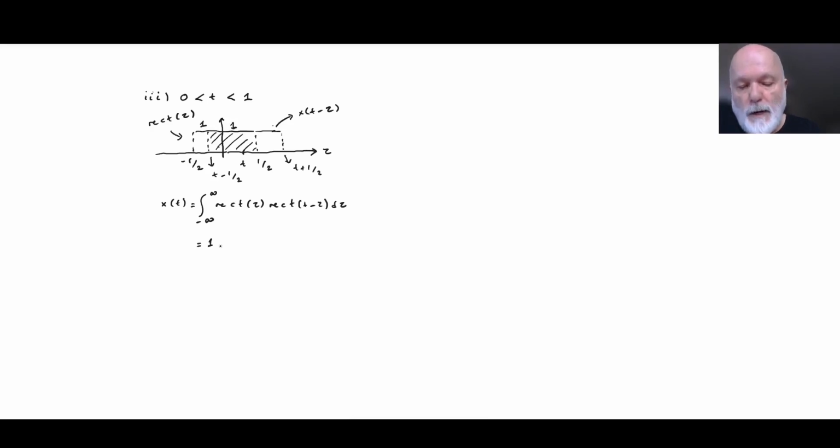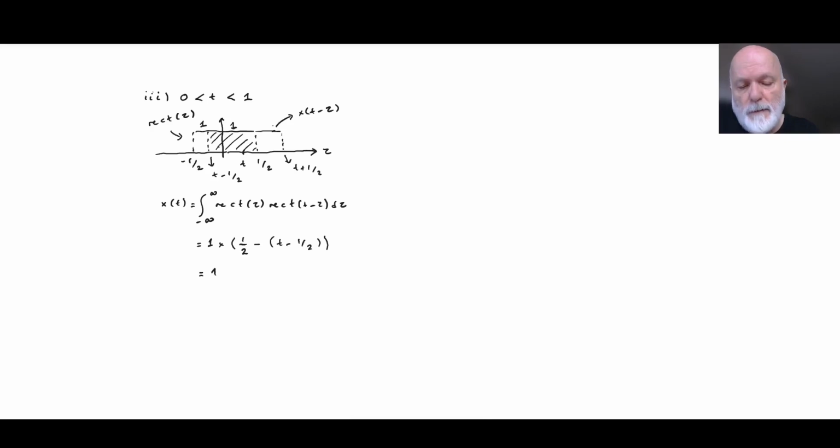So 1 multiplied by 1/2 this point minus t minus 1/2. Okay, so this will be equal to, okay, 1/2 plus 1/2 makes 1.